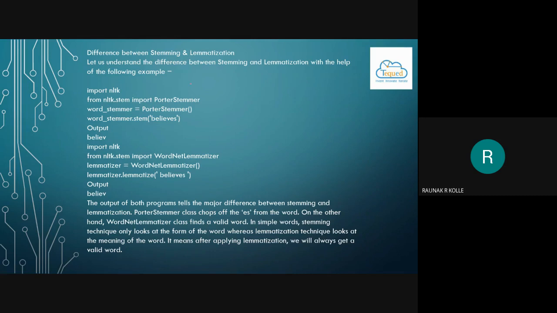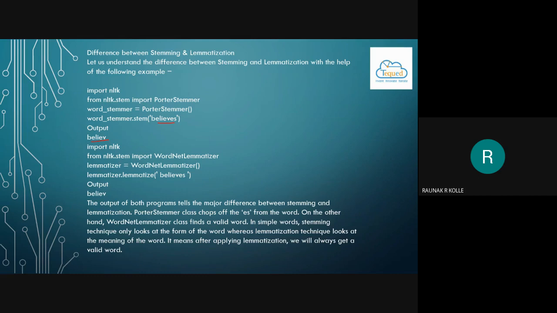After importing the respective package from the NLTK library, when we use the Porter stemmer, the first stemmer we observed in the previous video, the word believes becomes believ without the E. But does that word make sense? No, it does not.